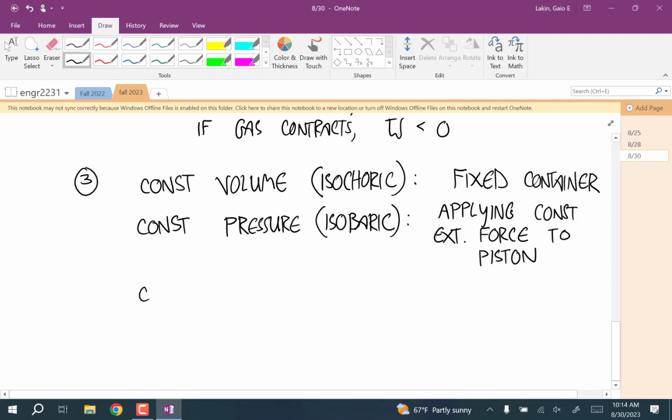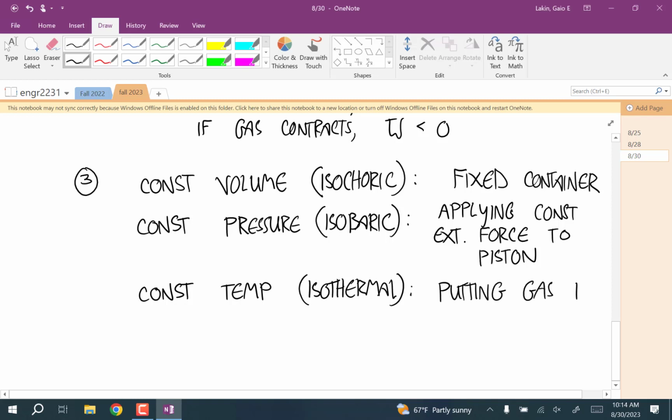And then the last one is, how do you make a process happen with a constant temperature? That's called isothermal. You do that by putting the gas in thermal contact with a large reservoir at a fixed temperature.